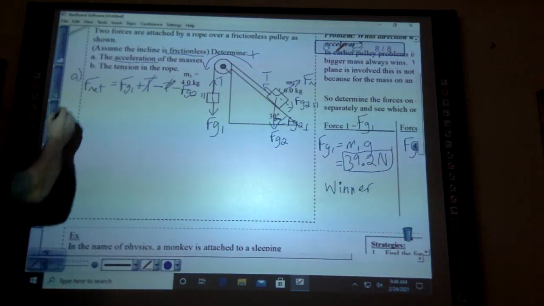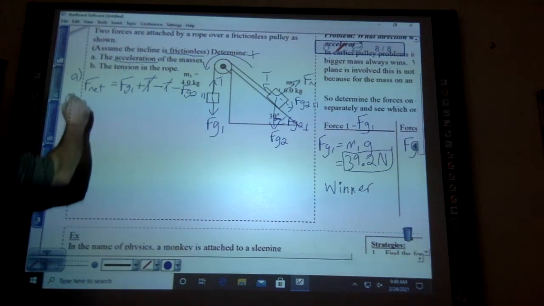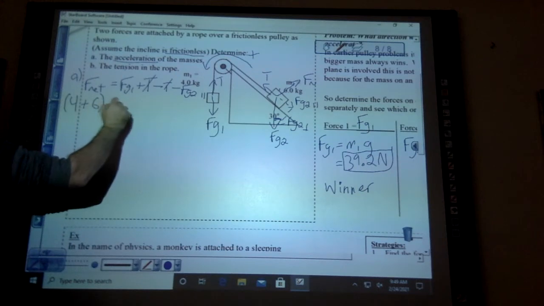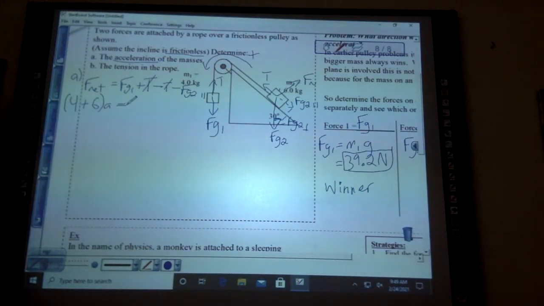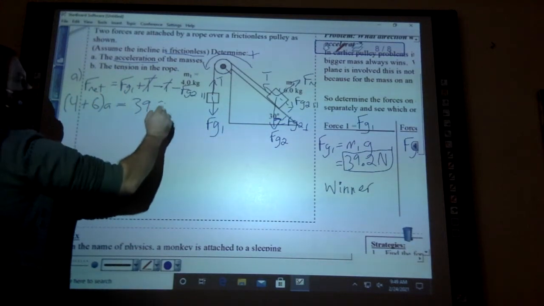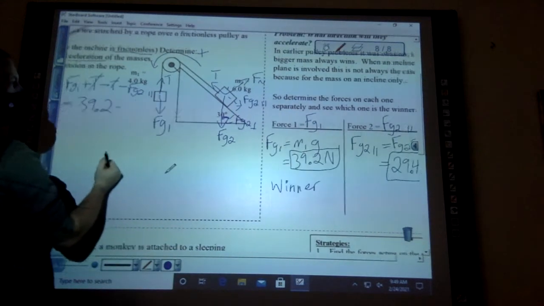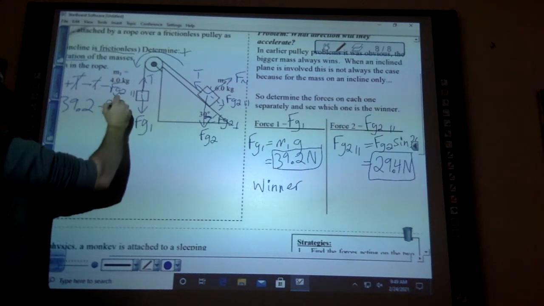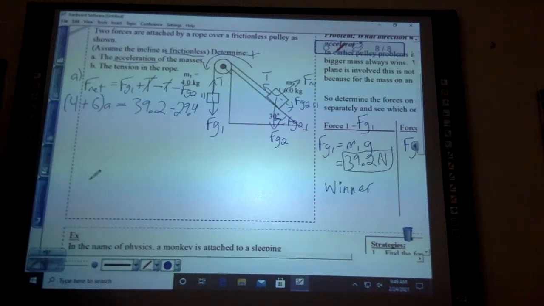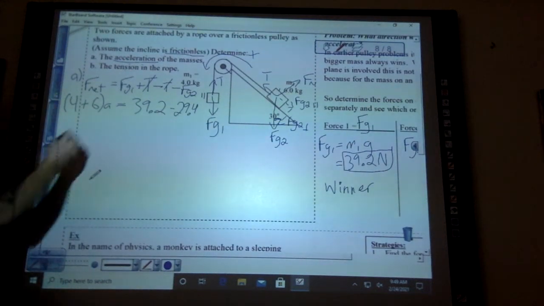So I need to deal with this total mass. So 4 plus 6 times the acceleration, that is 10, equals Fg1, which is 39.2, minus Fg2, which we figured out over here, 29.4. And then we solve for acceleration.